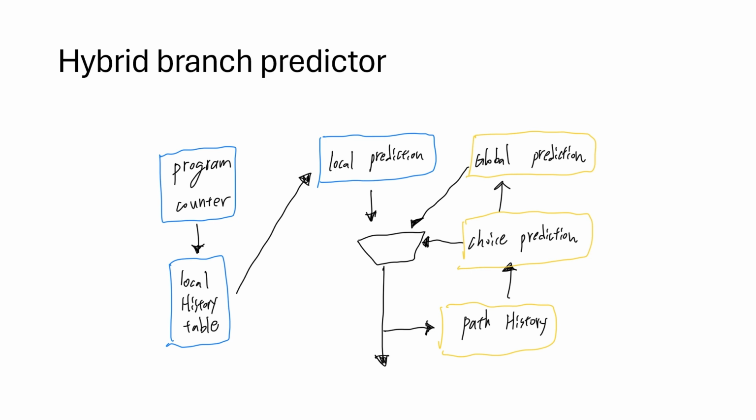The advantage is that it can obtain better accuracy. The disadvantage is we have to add an additional selector to choose which predictor to use. So we can see in the picture, the blue one is the local predictor and the yellow one is the global predictor. So we can combine those two to obtain better accuracy, and this predictor is called the hybrid branch predictor.